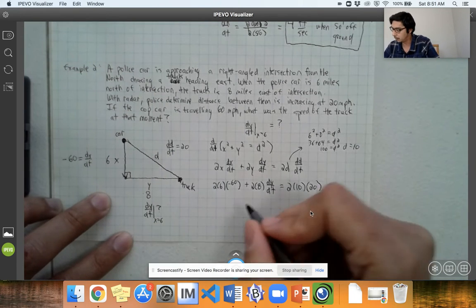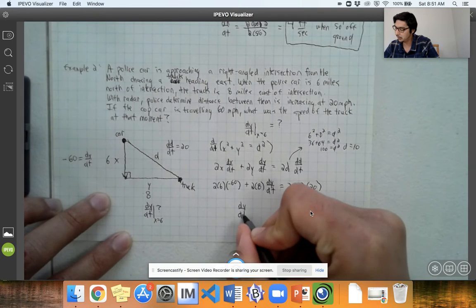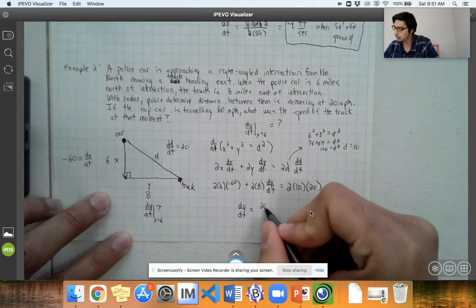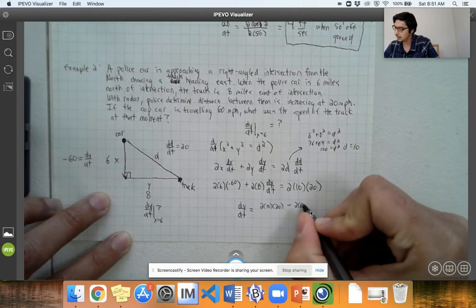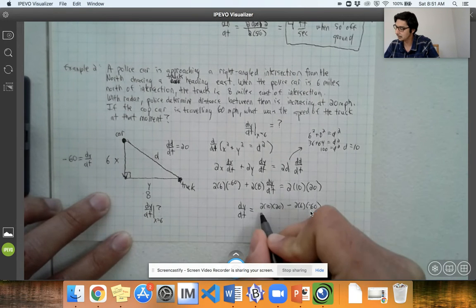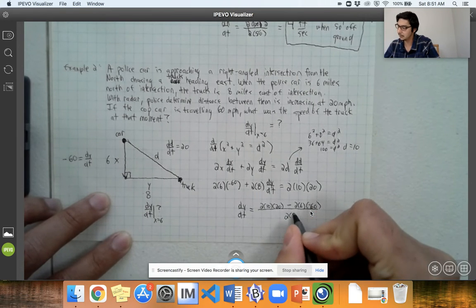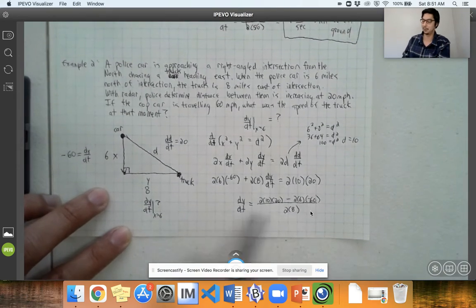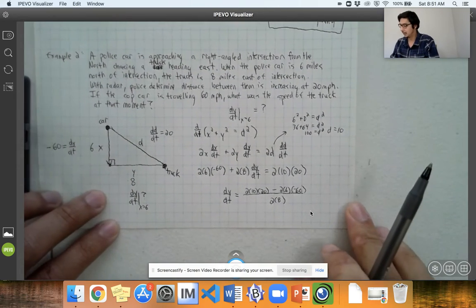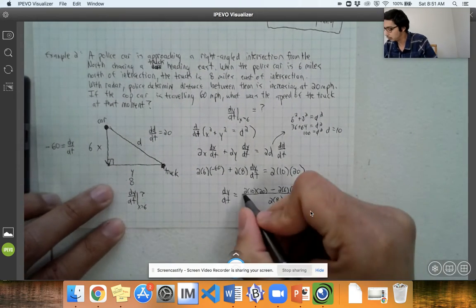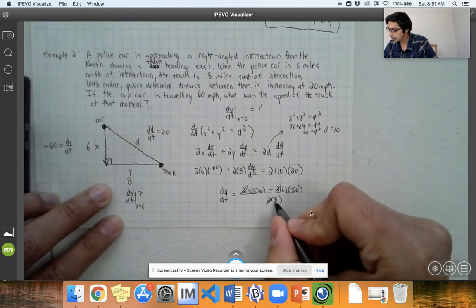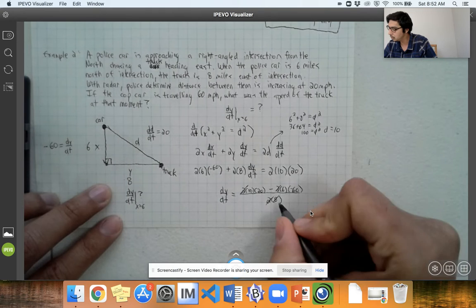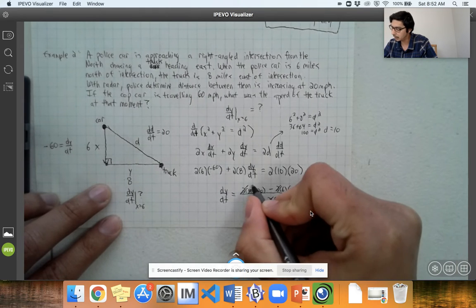So solving for dy dt now, we'd have dy dt is going to equal 2 times 10 times 20 minus 2 times 6 times negative 60, divided by 2 times 8. So I know you can multiply it out, but I'm just working with what I got there. Before I even use my calculator, see what I can get rid of. The 2's you can get rid of. I can divide this by 2, making that a 4. That would make that a 5.